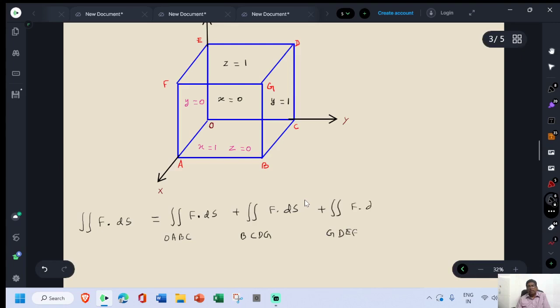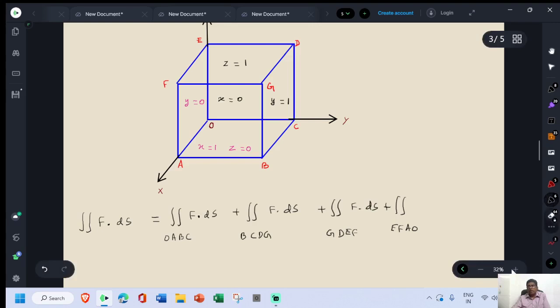It's F dot ds, plus fourth phase EFAO. This is the fourth phase, EFAO. Then fifth phase, this is F dot ds.